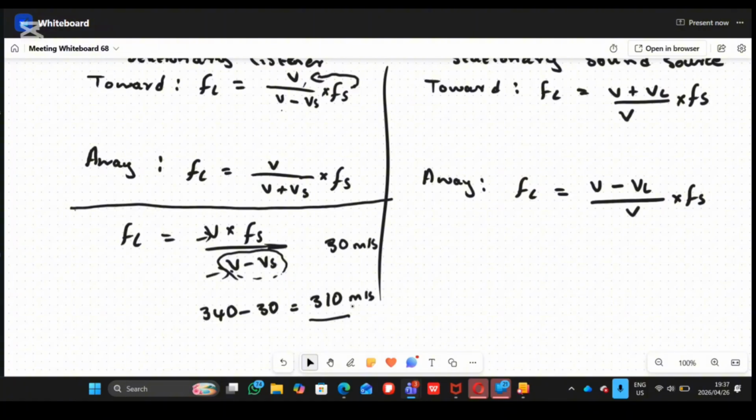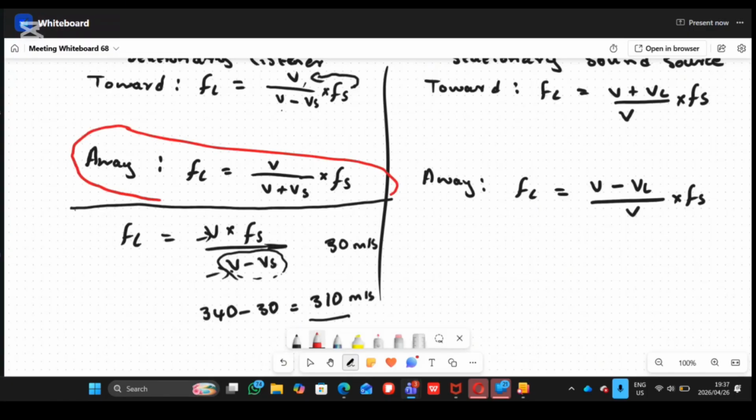Okay, look at this. I will make an example. Let's interpret the second scenario. We have FL is equal to V multiplied by Fs over V plus Vs, right?